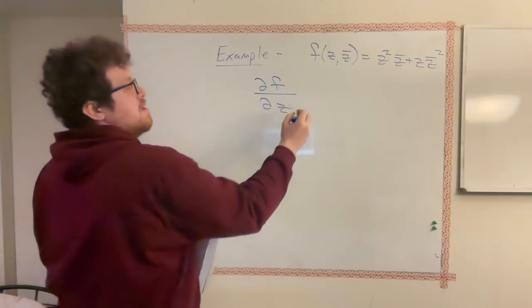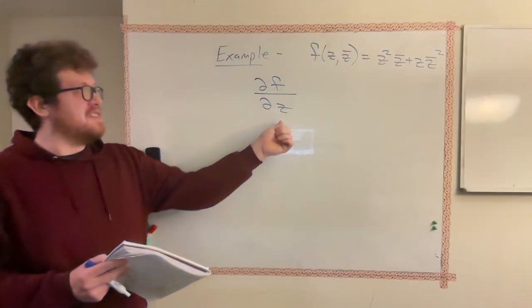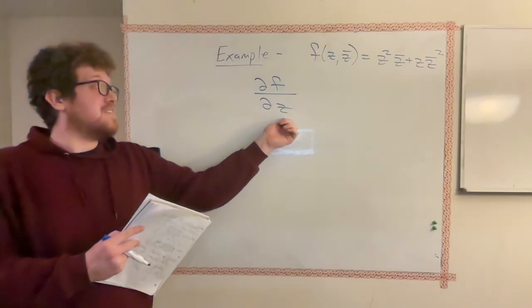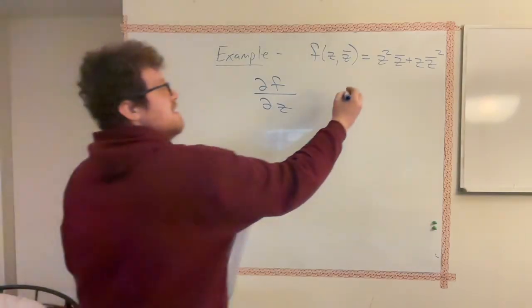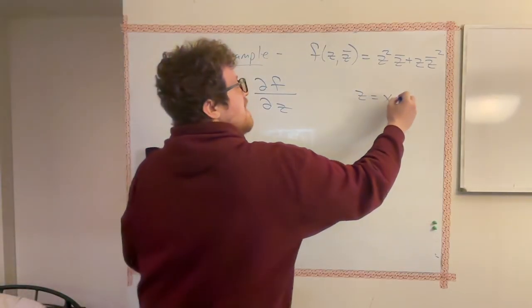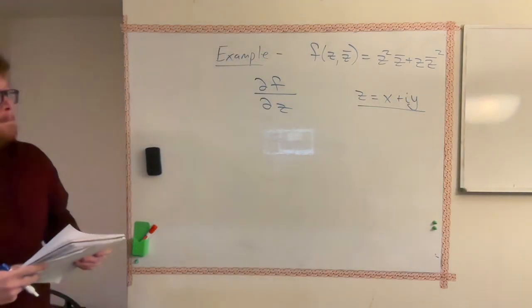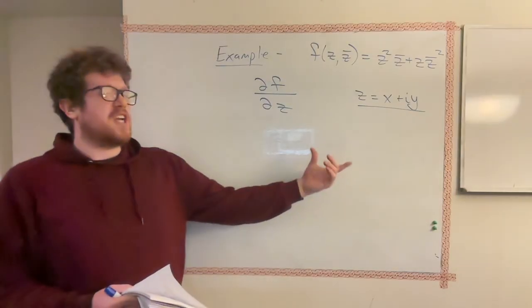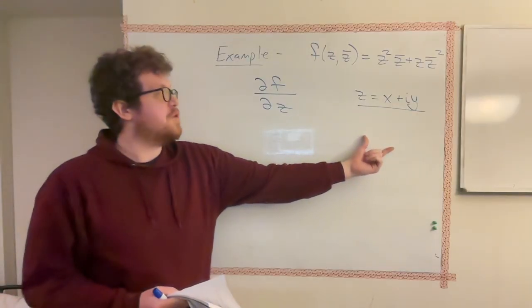variable, which, again, when I first learned this was a little bit confusing because I didn't see z as a variable that I could differentiate. It seemed like it was two variables to me, right? Because z is x plus iy. But you have to think of it differently. You have to think of it as a change of coordinates between a two-dimensional space to another two-dimensional space.